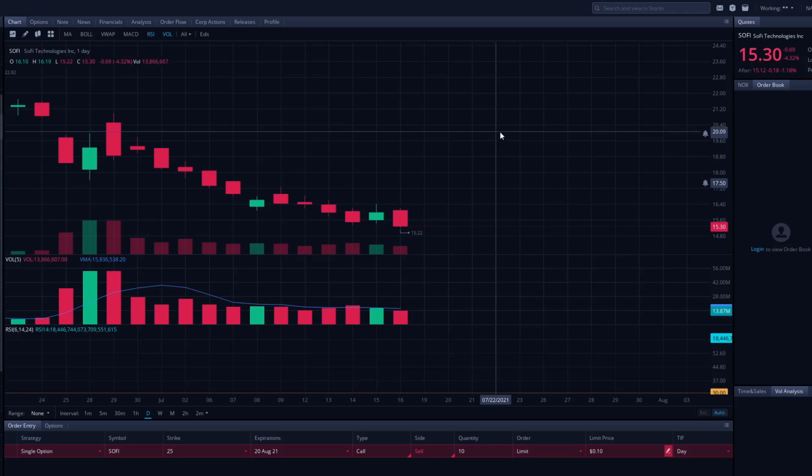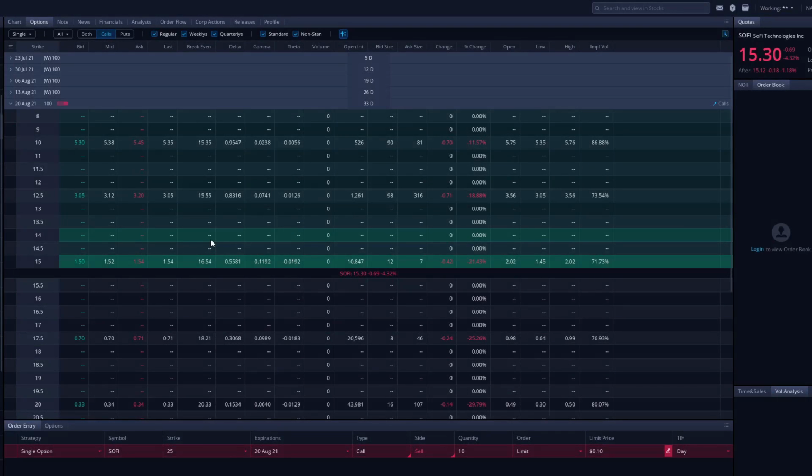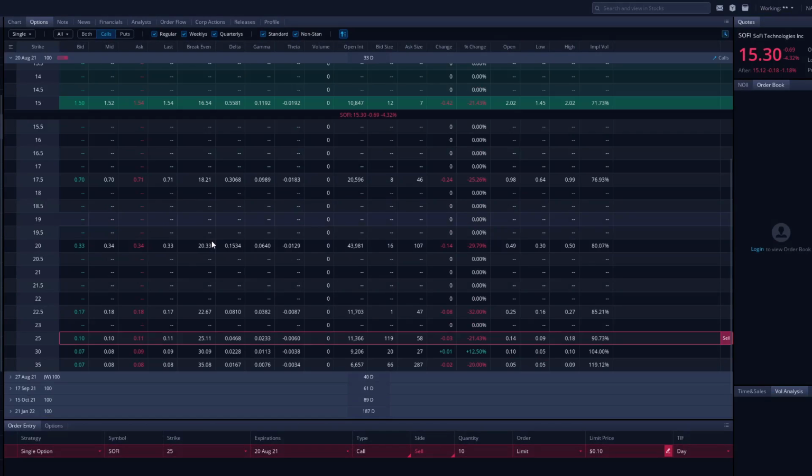If it goes the other way, you're looking at either much worse losses or lower gains. Even if you're bullish on SoFi at this point, but you think $25 is a little bit out of reach, or getting back to $24 in the next month is out of reach, this is a very good way for you to cost average down.